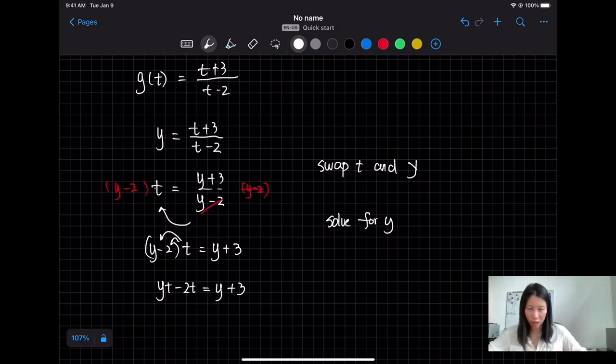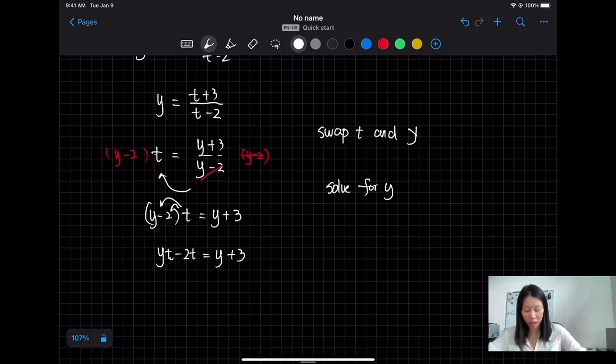Now if you look here, our goal is to solve for y. That means we want y on one side and the other terms on the other side. So let's move all the terms with y to one side. We have these two, so we want to move these two to the left side and the other terms to the right side.